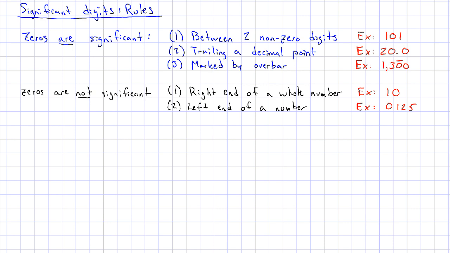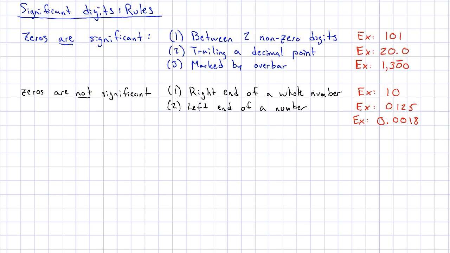That happens very rarely, but the situation that happens frequently that does trip students up is as follows. What if I have 0.0018? A lot of students will look at this and say, well, there's 4 decimal places, so it has 4 significant figures.